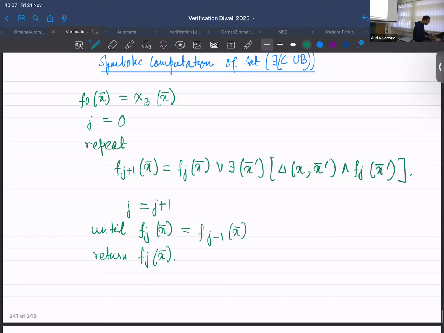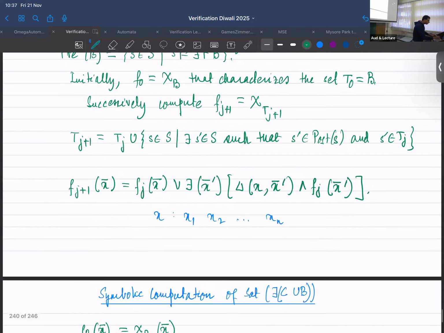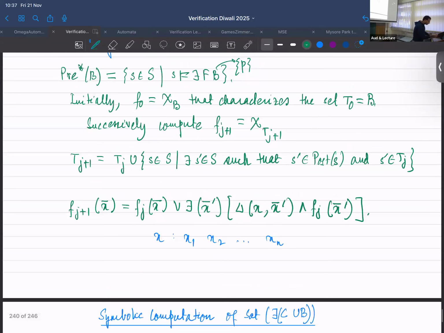I'll just say that either Tj plus 1 of X is Tj, or Tj union this thing, but in this union I should say that s belongs not just to any S, but to SAT of C, right?